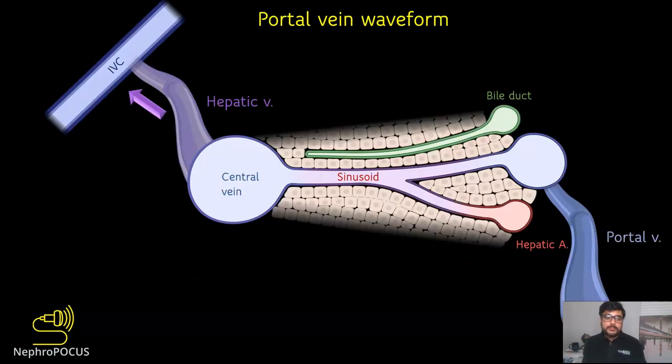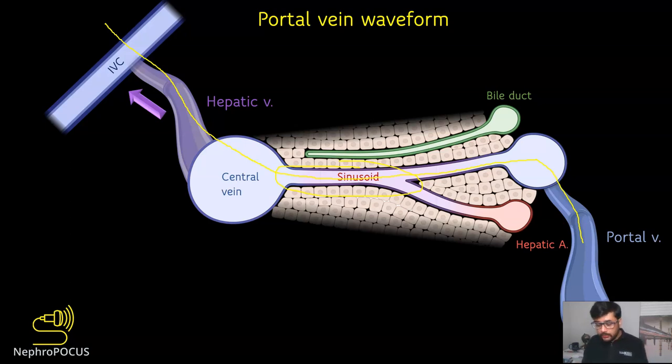And coming to the next vein, that is the portal vein. Unlike the hepatic vein, which is a direct tributary of the inferior vena cava, the portal vein is separated from central venous circulation by hepatic sinusoids. So the right atrial pressure is transmitted to the hepatic vein directly, but between the central venous vasculature and the portal vein there are sinusoids, which act as resistance sites or shock absorbers. So 100% of CVP is not transmitted to the portal vein.